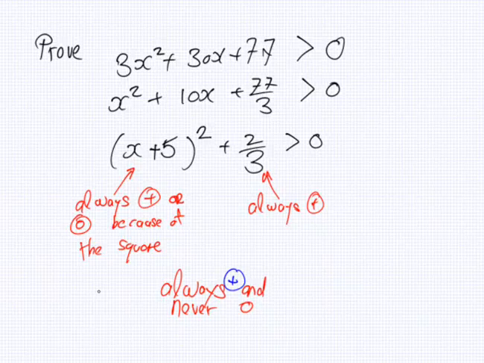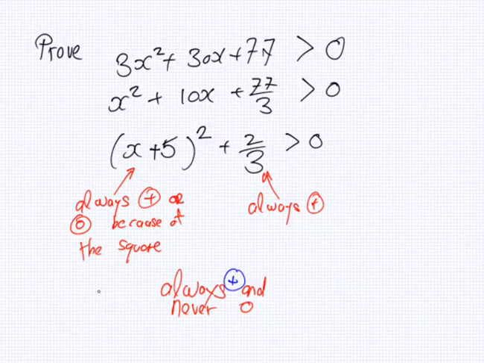Because I have the greater than 0, I could divide everything by 3, including the 0 at the end. What do I get here if I'm completing the square? Plus 5, and here will be 77 over 3 minus 25.